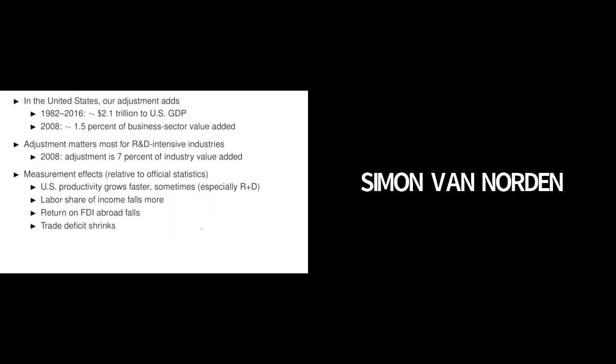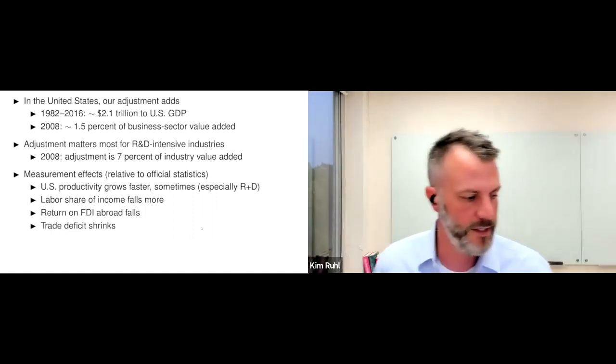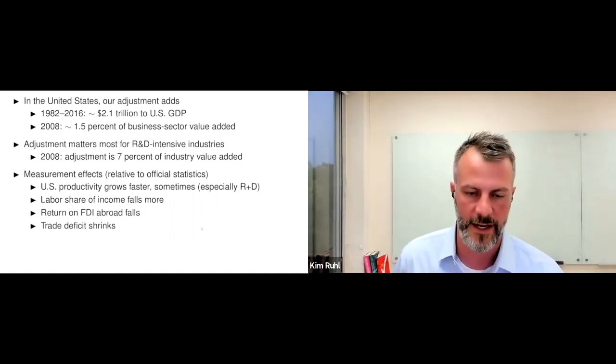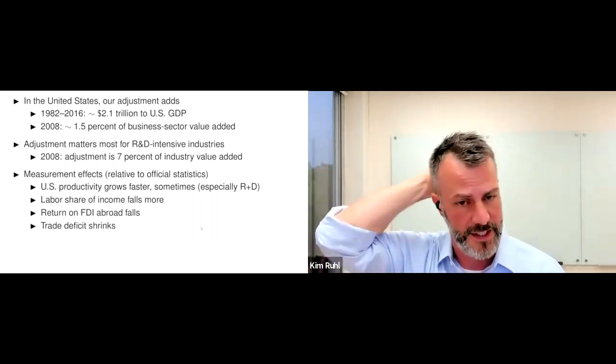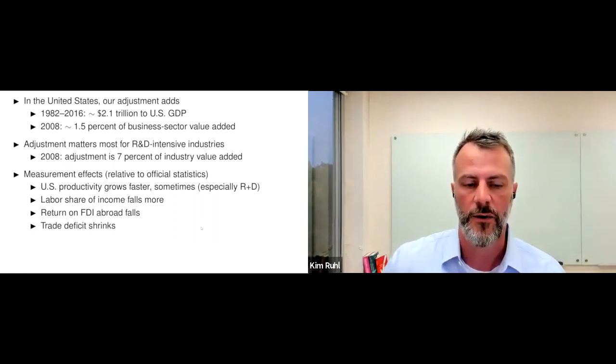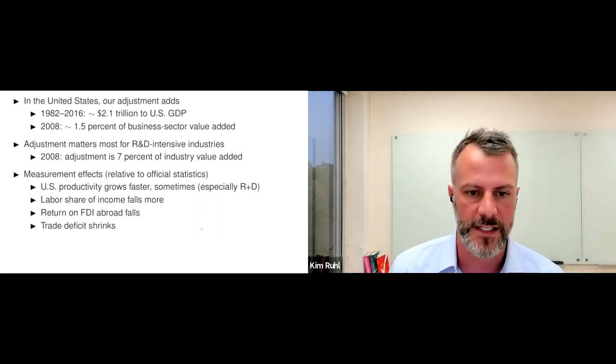Yeah, so that's a good question, and something we've thought about a little bit, but haven't made much progress on. We can see some of this in the data, and we also have some data on royalty payments and things like this.